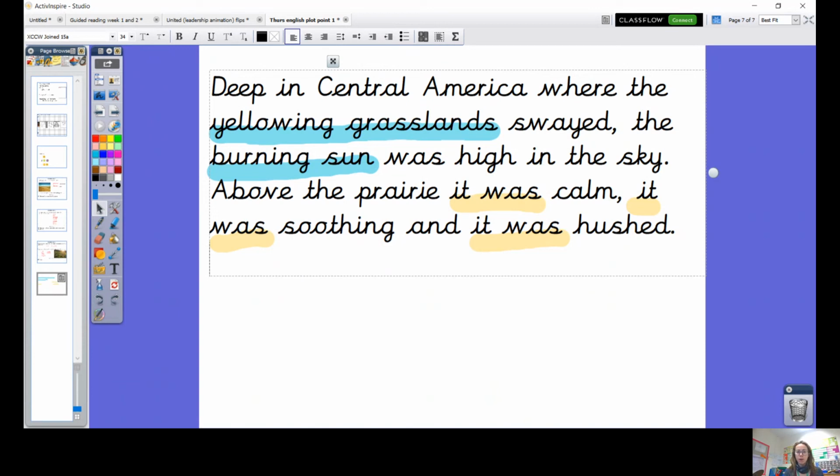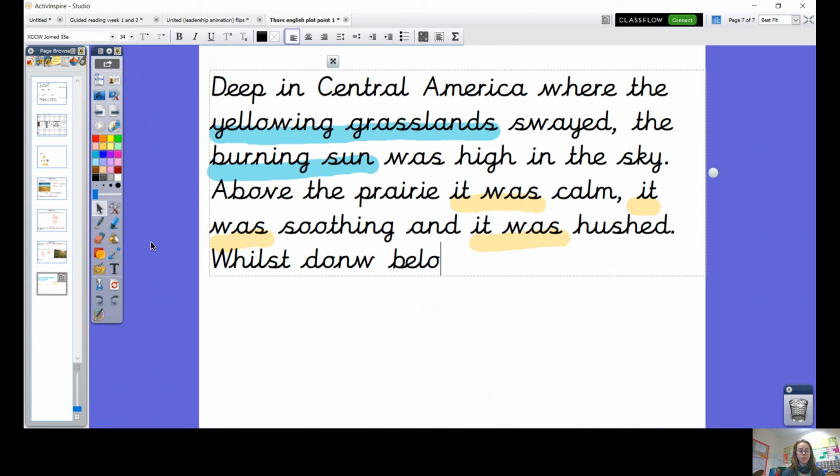Deep in Central America, where the yellowing grasslands swayed, the burning sun was high in the sky. Above the prairie it was calm, it was soothing, and it was hushed. Now, I want to use that conjunction first. So I need to choose whether to use whilst or meanwhile. I think I'm going to go with whilst on mine. You can choose whichever.